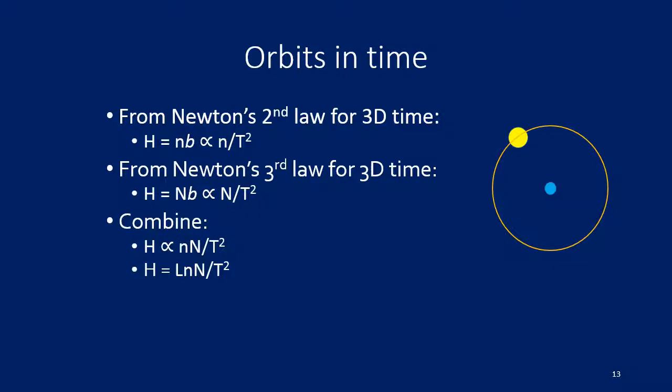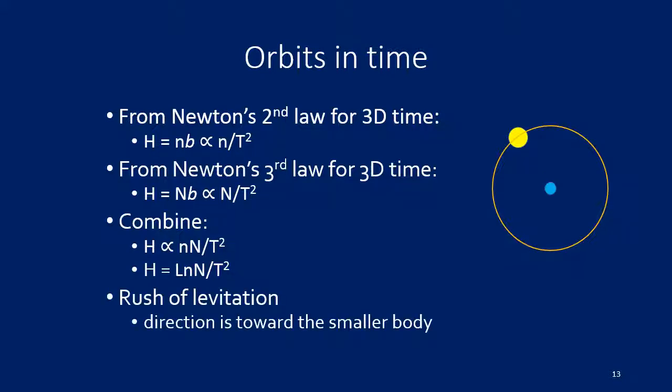If you combine these two, we have that the rush is proportional to the product of the vasts divided by the period squared. Or if we use a constant L, we have that the rush is equal to L times the product of the vasts over t squared. In other words, the rush of levitation, similar to the force of gravitation, but the direction is toward the smaller body.